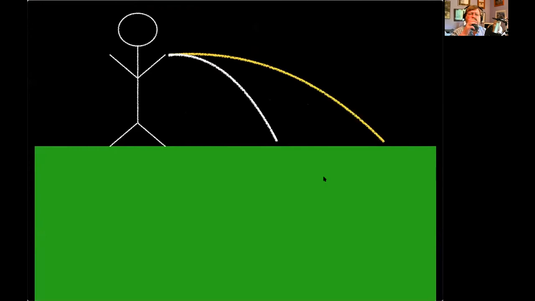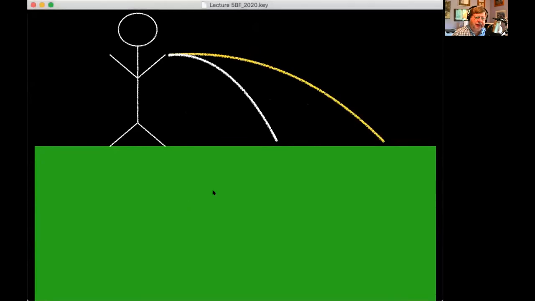Notice that the harder he throws the ball, in other words, the more horizontal velocity he gives the ball, the farther the ball travels before it hits. That's because we've got this constant acceleration that's trying to pull the ball down. It might take, say, 2 seconds for the ball to fall, and if he throws it at a much higher velocity, he can go much farther in those 2 seconds.